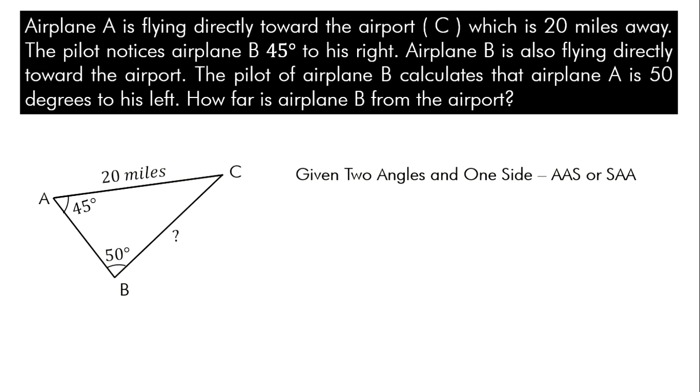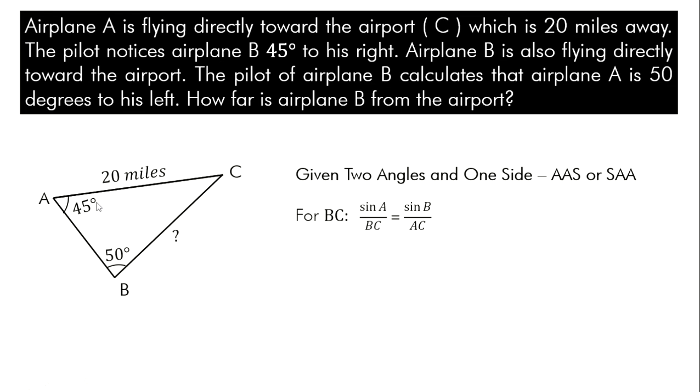Here we can use sine A over a and sine B over b, provided that we have here angle A and angle B and side b. So in order to identify the length of BC, we can have sine A over BC, which is this one, equal to sine B over AC, which is this one.